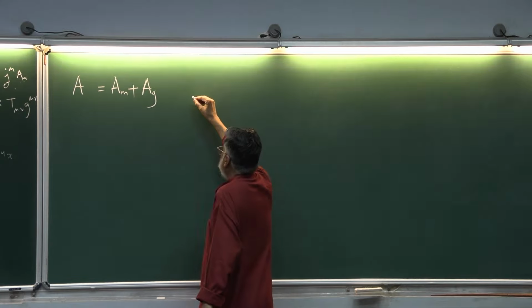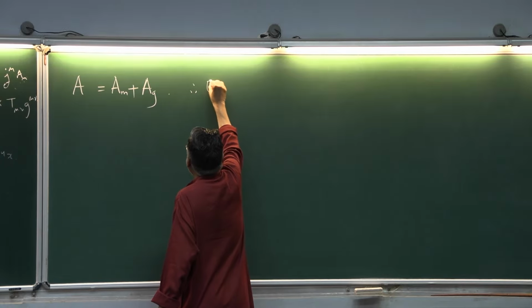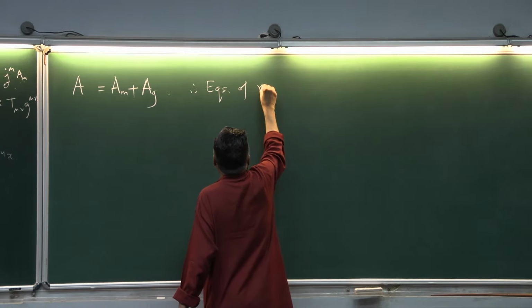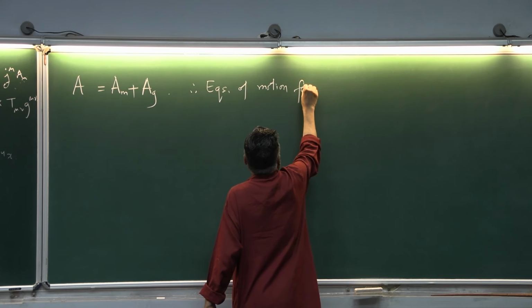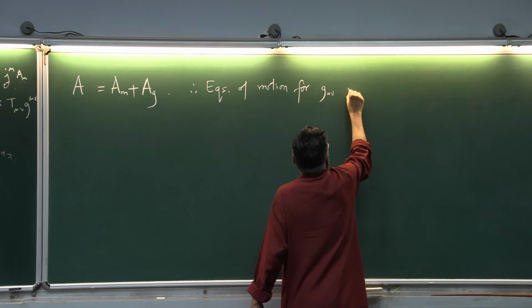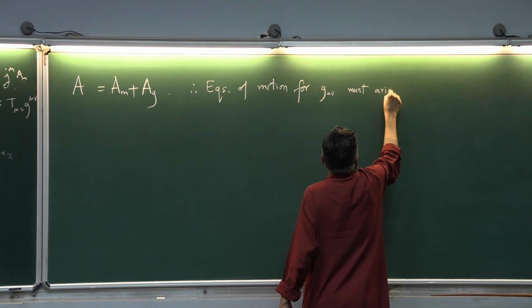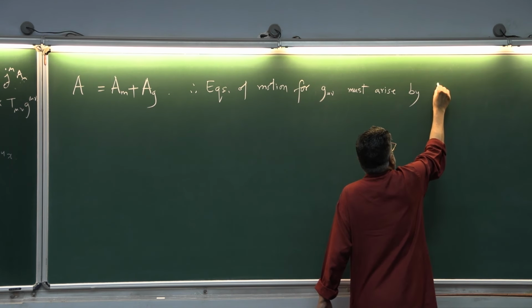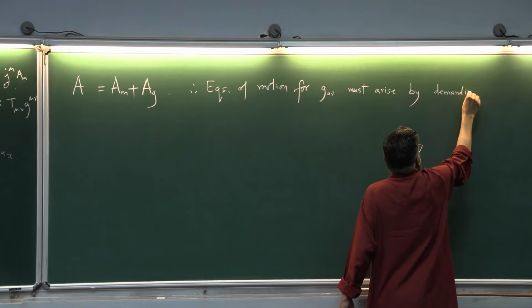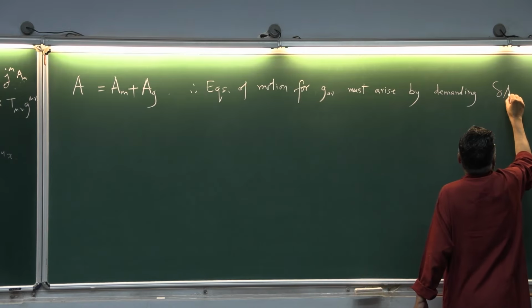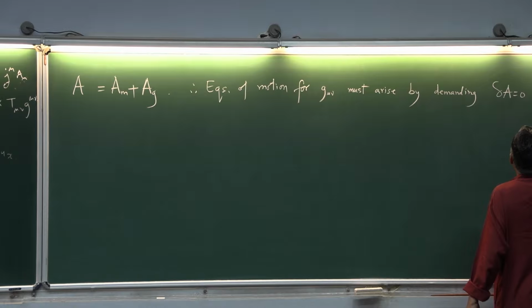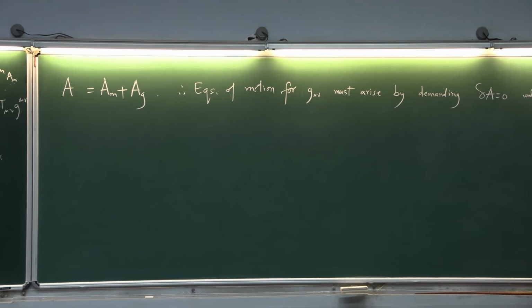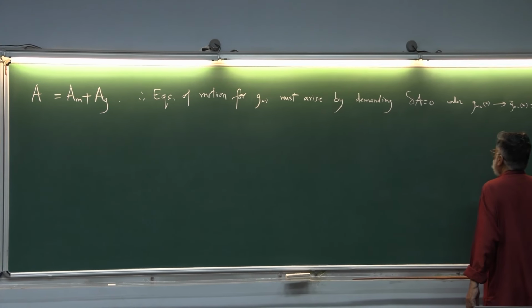So therefore, the equations of motion for G mu nu must arise by demanding the full action delta A is 0 under variation of G mu nu.